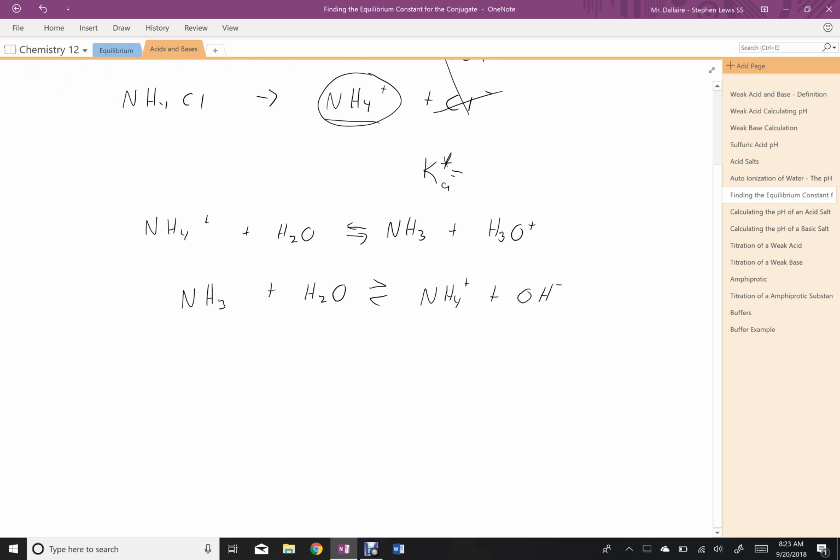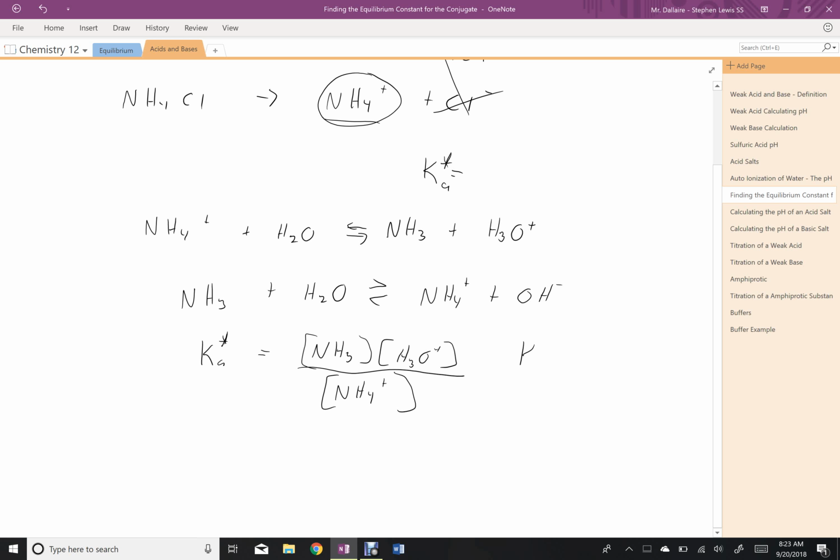And I'm going to take the K expressions for both of these and multiply them together. So the K expression for the acid that's happening in reverse is going to be NH3 times H3O plus over NH4 plus.